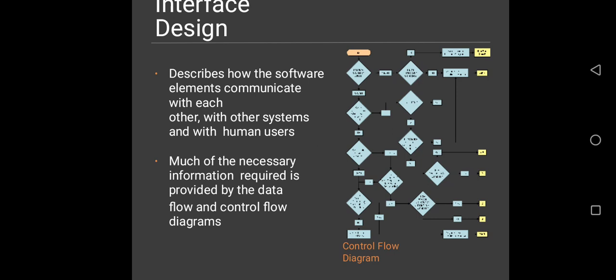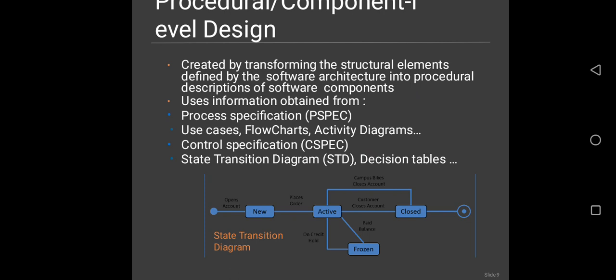This interface design describes how the software elements communicate with each other. Much of the necessary information required is provided by the data flow diagram and control flow. The data flow diagram depicts the flow of execution: which activity, which statement is going to be executed first, next, and last. Then procedural component design.